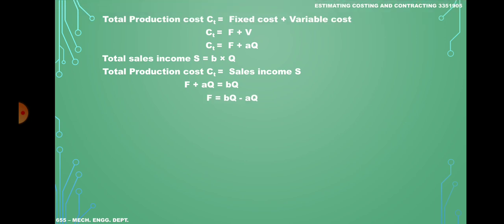So F equals BQ minus AQ. Here quantity is the common factor, so take it out separately. So what does the equation become? F equals Q into the bracket B minus A. So Q equals F divided by B minus A, which is the break-even quantity. This is the equation to find out break-even quantity analytically.